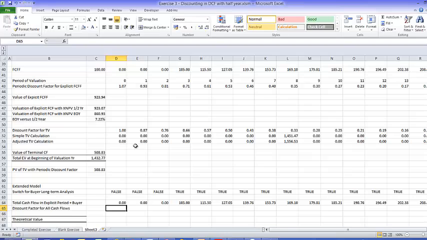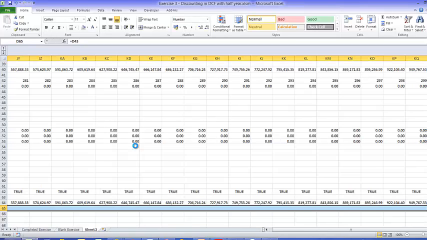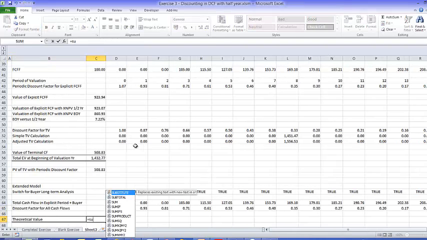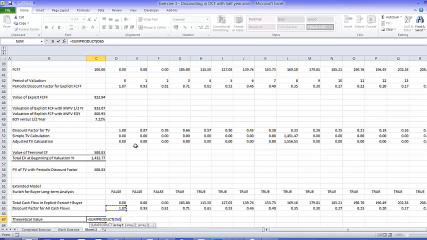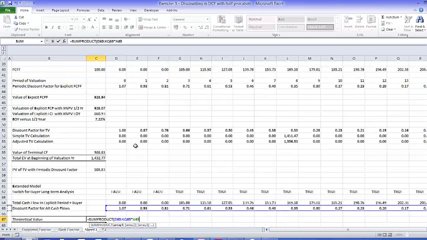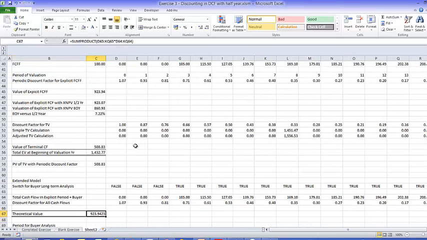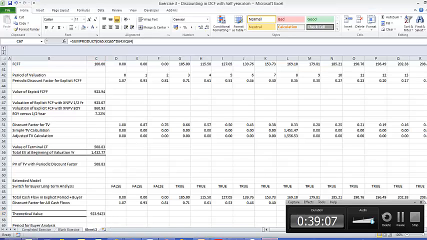Now our discount factor, if somebody was valuing this whole cash flow over the entire period, all the cash flows occur in the middle of the year, so we use this periodic discount factor. And now our theoretical value is the sumproduct of all of these times all of these. Oh crap. It's supposed to be exactly the same.